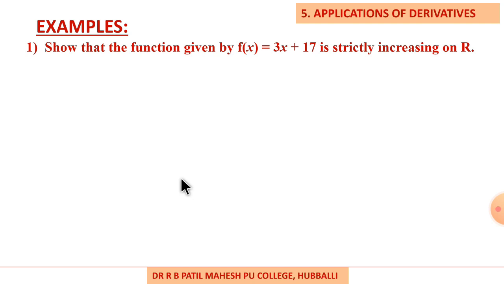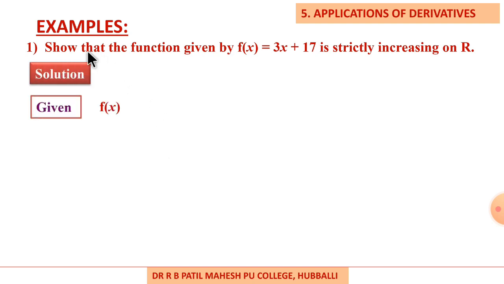The first example: show that the function given by f of x equal to 3x plus 17 is strictly increasing on R. For this, first you write down the given term. In this example, you have to show that the given function f of x equal to 3x plus 17 is strictly increasing on the set of real numbers.